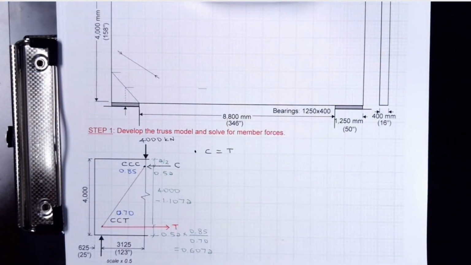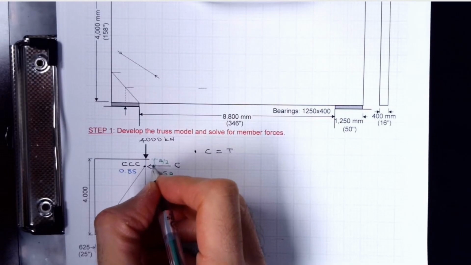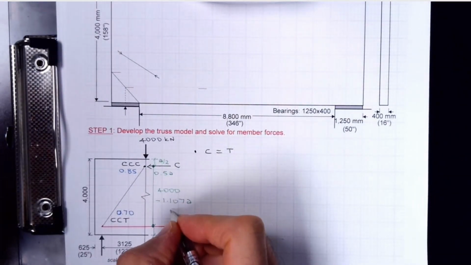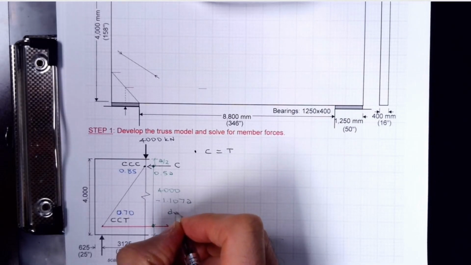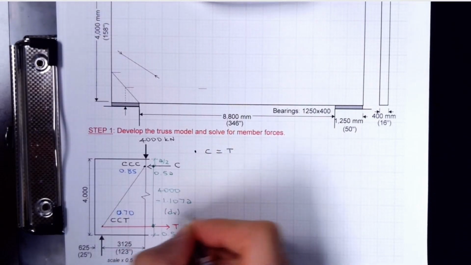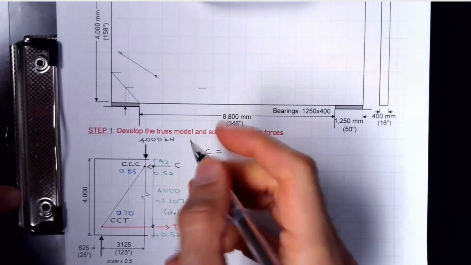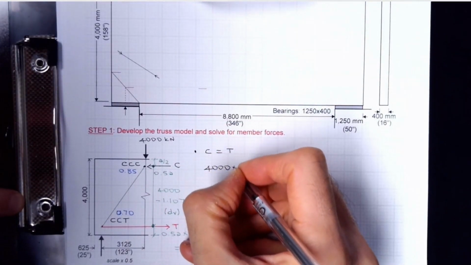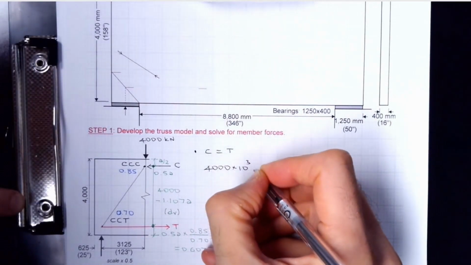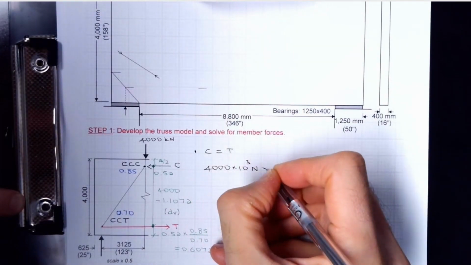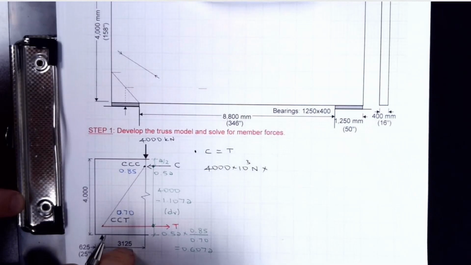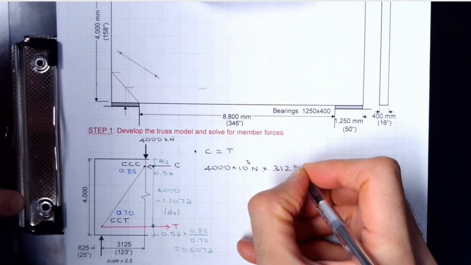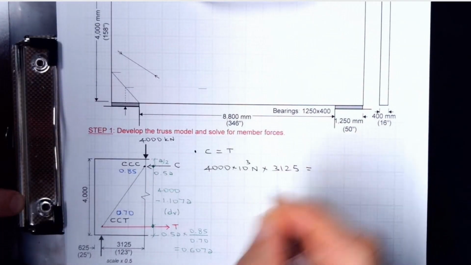That is the distance from here to here, which I showed you before, called dV or JD. There are different notations. I can use compression blocks, so 4000 newtons times the distance, I'm just taking moments, 2125.